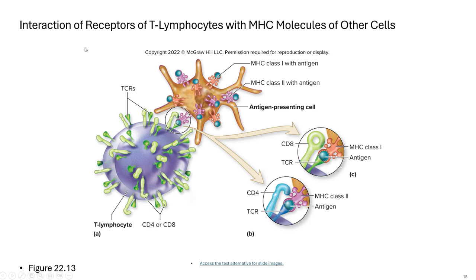Okay, so this is showing the interaction between some of those MHC molecules and our T cells. Here you can see MHC1 with an antigen, and here MHC2 with an antigen. You see your T cell receptor, and another T cell receptor here. What you also see are these other terms called CD8 and CD4.